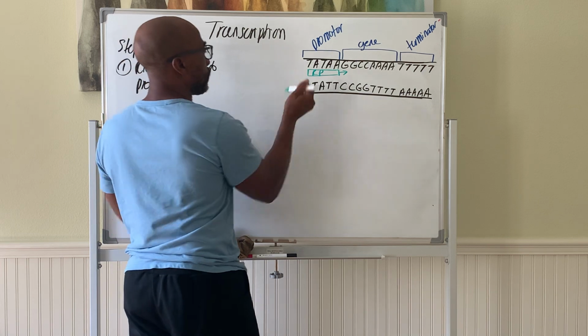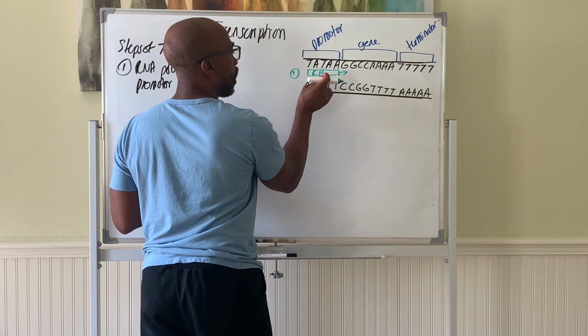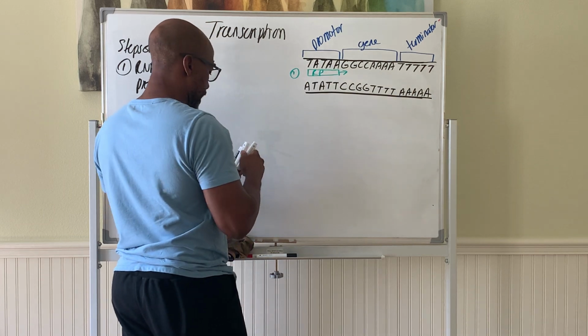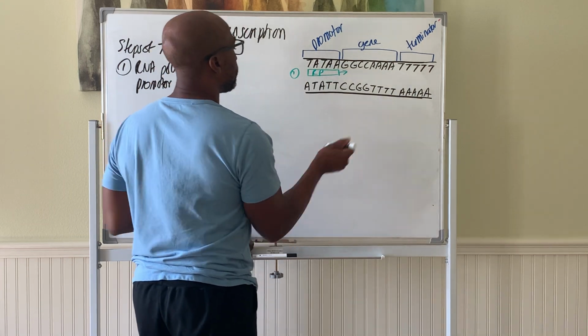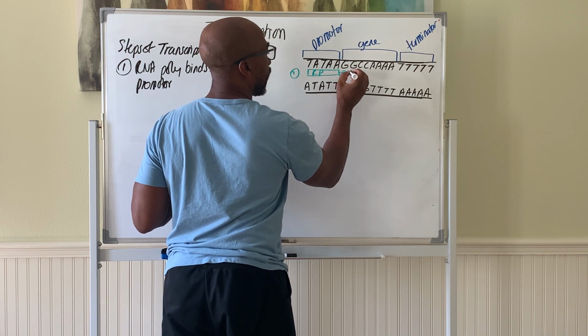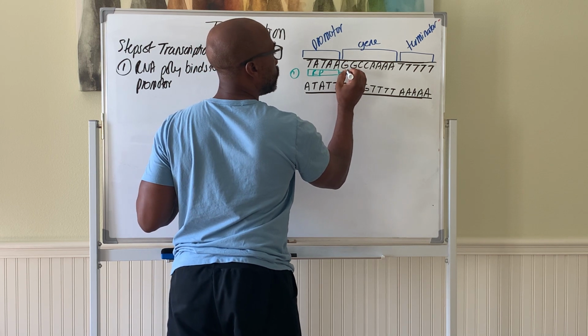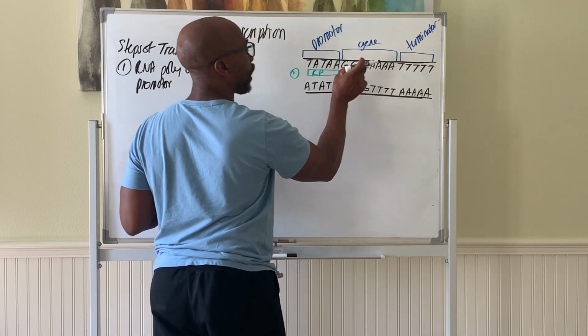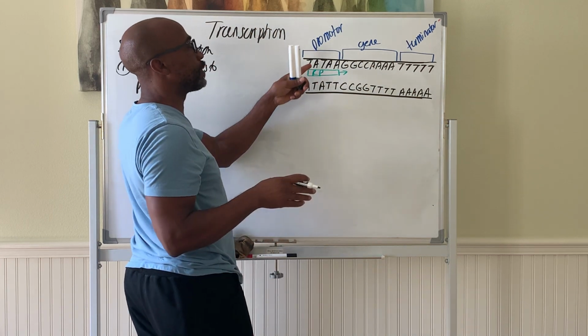So here's step one: RNA polymerase binds to the promoter region. Then in step two, it will copy a complement to the nucleotides on this strand, what we call the sense strand. The sense strand is the strand that has the promoter, by the way.